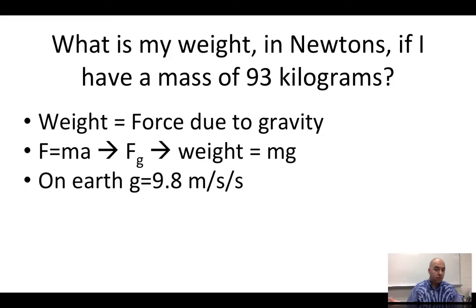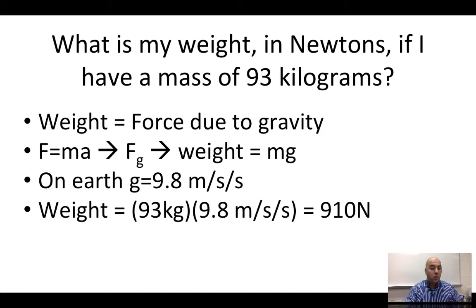So on Earth, once again, the acceleration due to gravity is 9.8 meters per second squared. So if I wanted to find weight, I'd take 93 kilograms, multiply that by 9.8 meters per second squared, and that means that I have a weight right now of 910 newtons. So I've got to find a way to fix that.